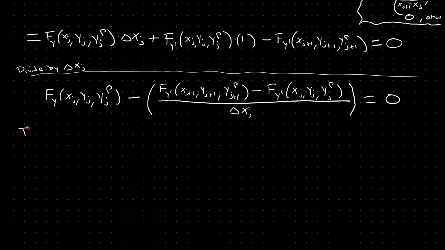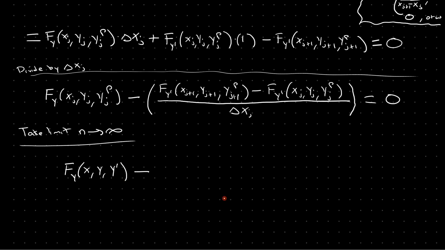We take n, the number of points in our partition, and we take this limit as n goes to infinity. For any given point, we're going to have here fy evaluated at x, y, and y_{j+1} prime goes to y prime.